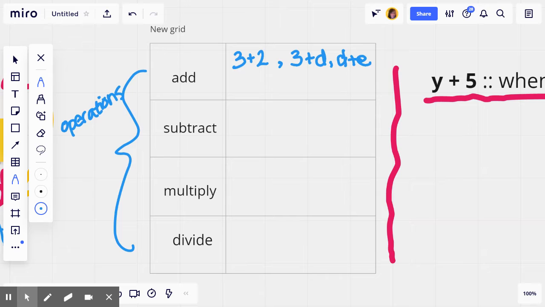Okay? Let's look at the next one, subtraction. If I have 7 minus 5, that's how I would show it if I just have constants, if I just have numbers and no variables. Okay?